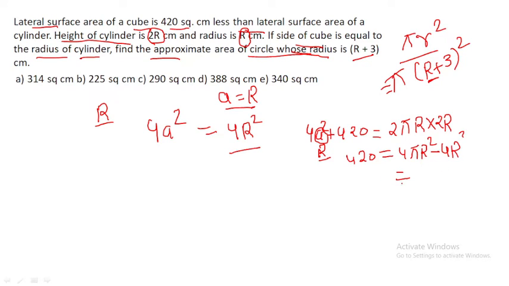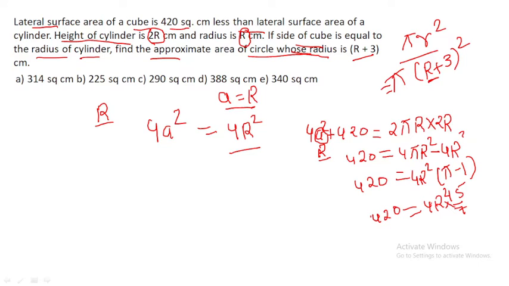Now we can take 4R square common. 4R square (pi minus 1). The value of pi is 22 upon 7. So 22 upon 7 minus 1 will be 15 upon 7, right? 4R square, so 420 will be equal here. 4R square multiplied by 15 by 7 equal to 420.